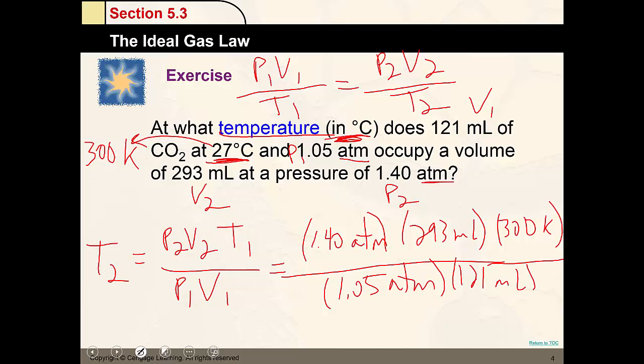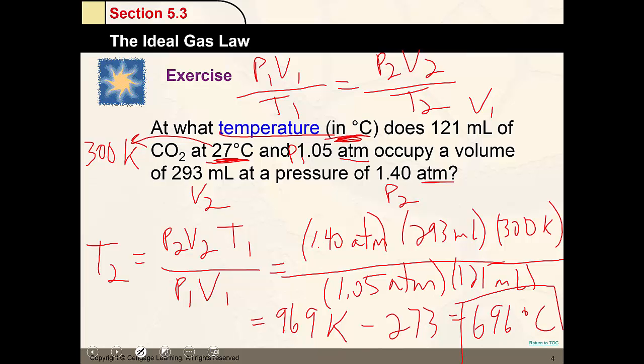And when you do all that, you get a temperature in Kelvin of 969. And remember, it said at what temperature in degrees Celsius, so that means we have to subtract 273. So as a result, we would get a temperature in degrees Celsius of 696.